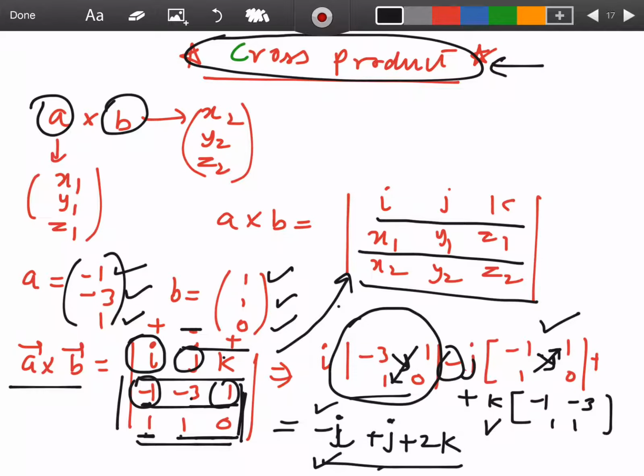Similarly, you take -1 into 1, which is -1, plus 3, so it's going to be positive 2k. So this is the cross product of these two vectors. If you didn't understand the procedure, watch the video again. If you understood, move on to the applications of the cross product.